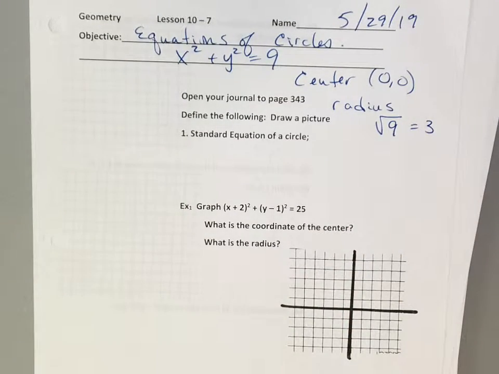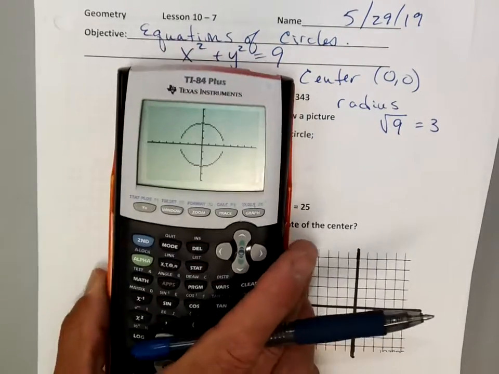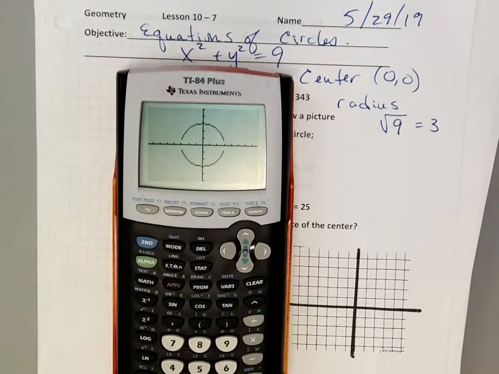So here's the circle I graphed. Center at 0, 0, you can see that. And then the radius of 1, 2, 3. So the radius is just the square root of that number, right?